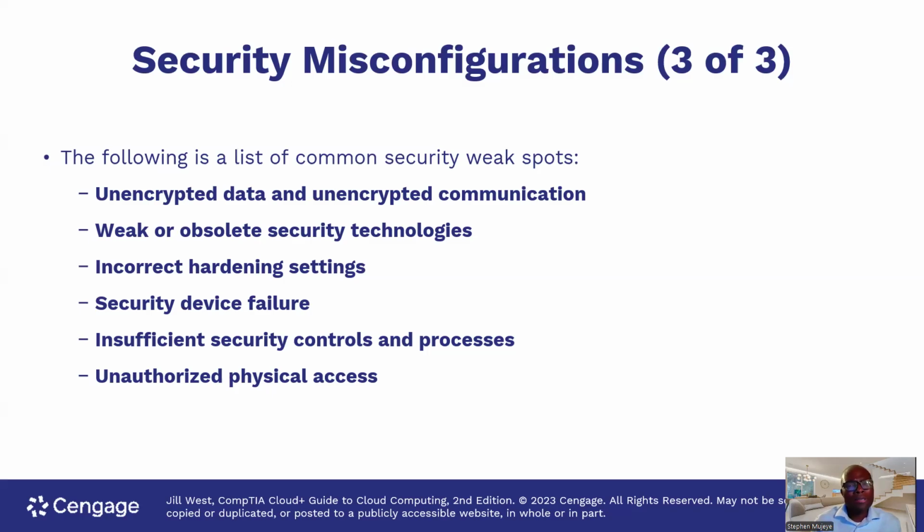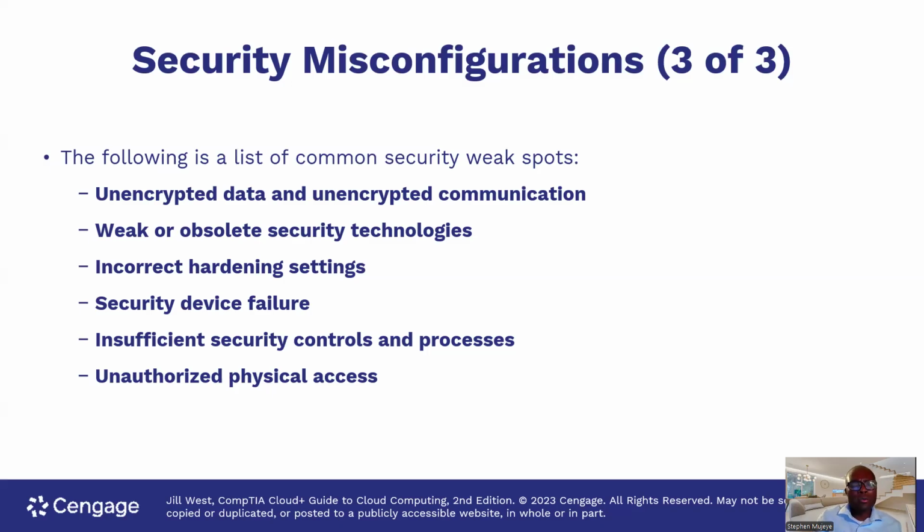Those are no longer supported. If you have systems that are using those, then you may want to move away from them because they are known to be weak. Incorrect hardening settings, security device failures, your firewall might fail, insufficient security controls and processes, unauthorized physical access.